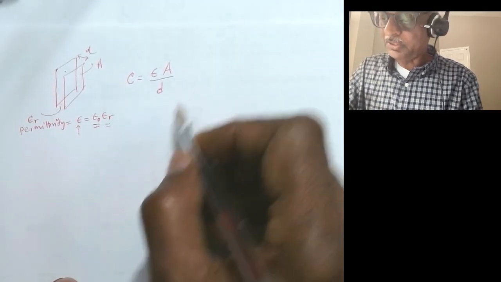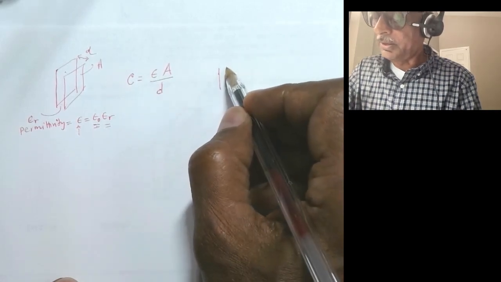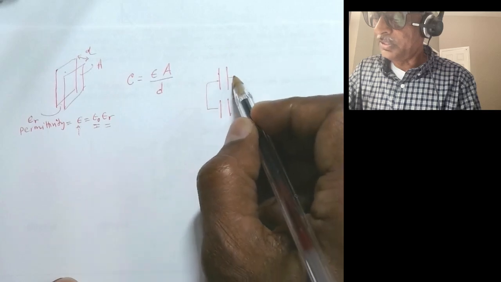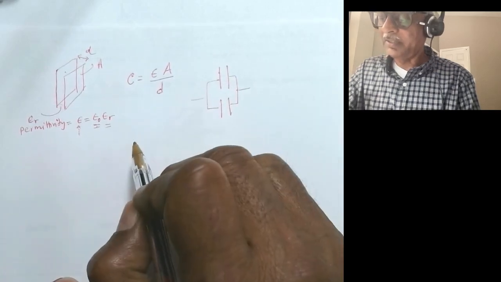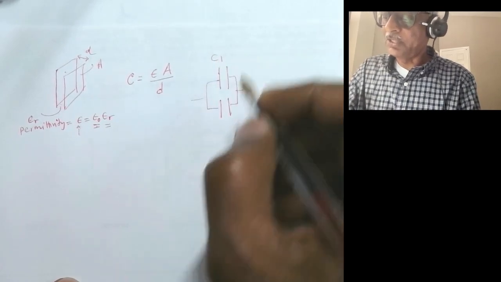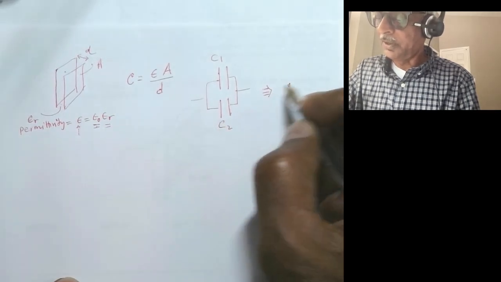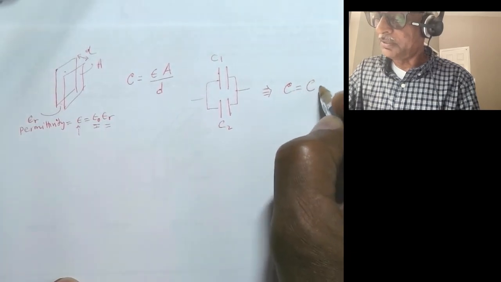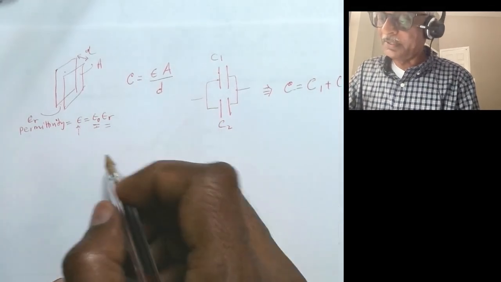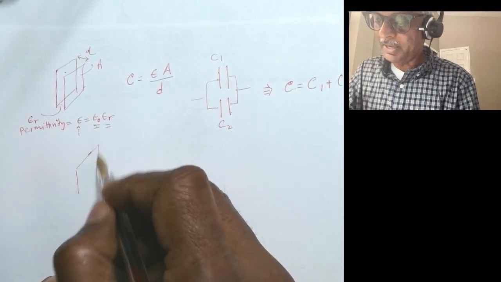Another thing to notice is if I have one capacitor and another capacitor joined in parallel, with capacitances C1 and C2, then the equivalent capacitance C will be C1 plus C2.